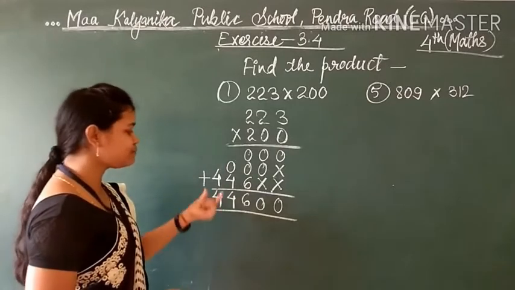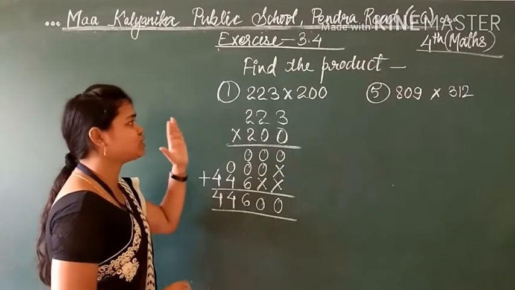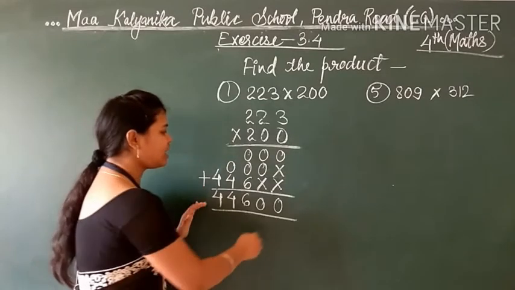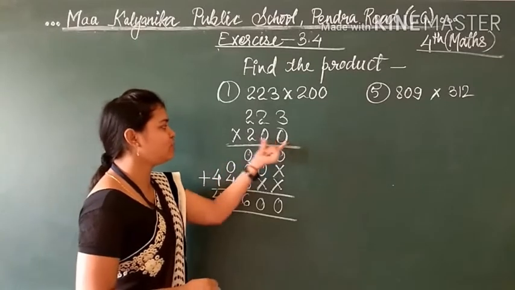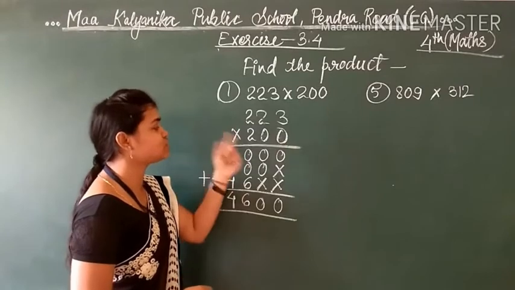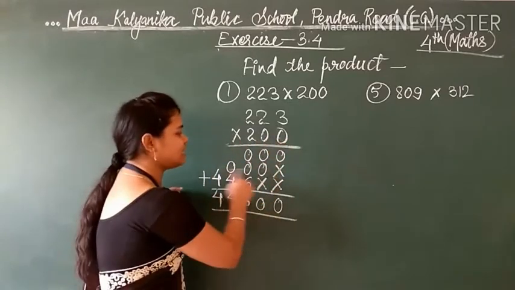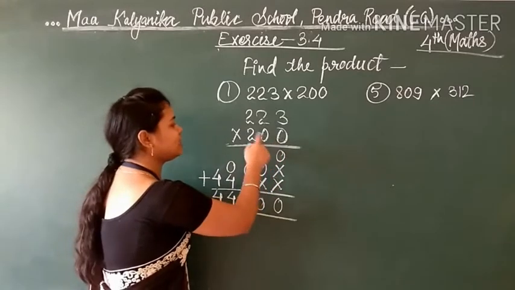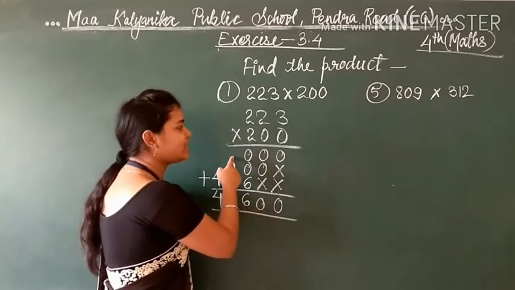So students, in this way step by step you can solve question number 1. Okay. So see which steps you have to follow: you are multiplying with 3 digits. Earlier in exercise 3.3 you multiplied with 2 digits, so only 2 lines were there. Then you added. But here 3 digits are there, so 3 lines are there. The first line will be multiplied and written directly.